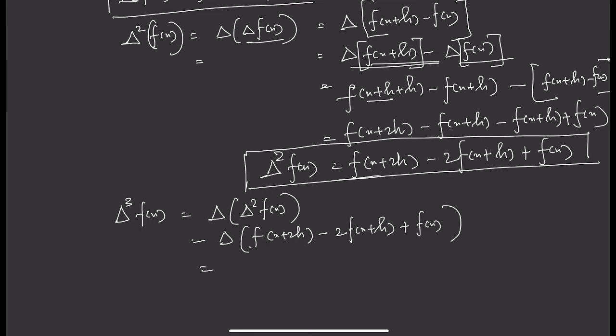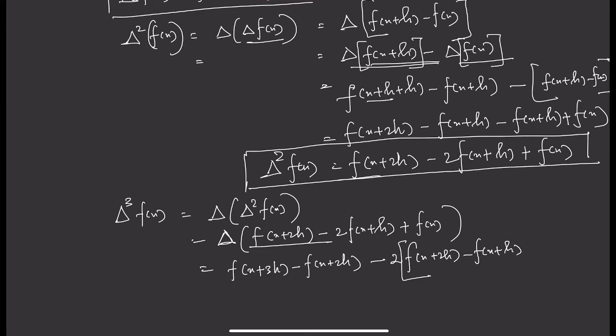Okay, this is nothing but again f of x plus 3h minus f of x plus 2h minus, now this del is operated here, so 2 is a constant, so 2 take common outside. This is f of x plus 2h minus f of x plus h, plus, again this del is operated here, then f of x plus h minus f of x.